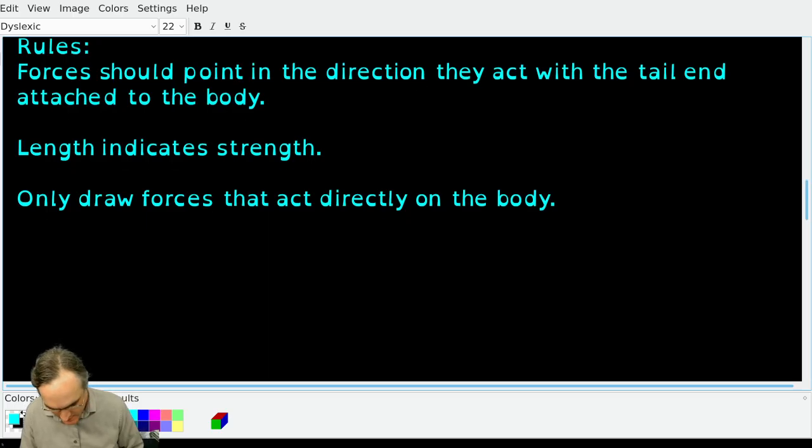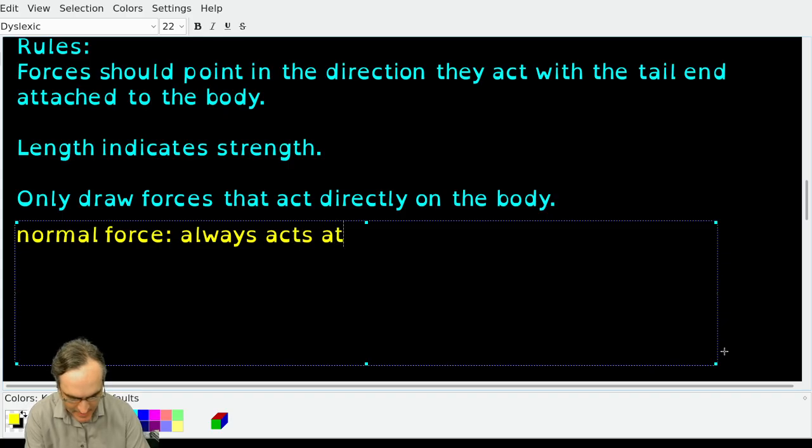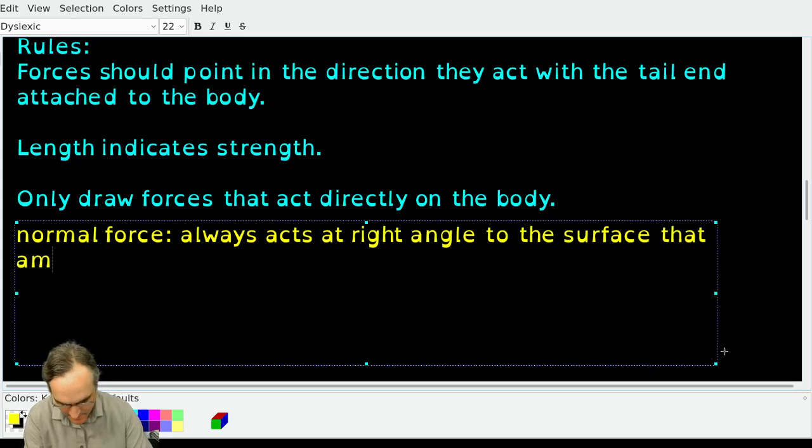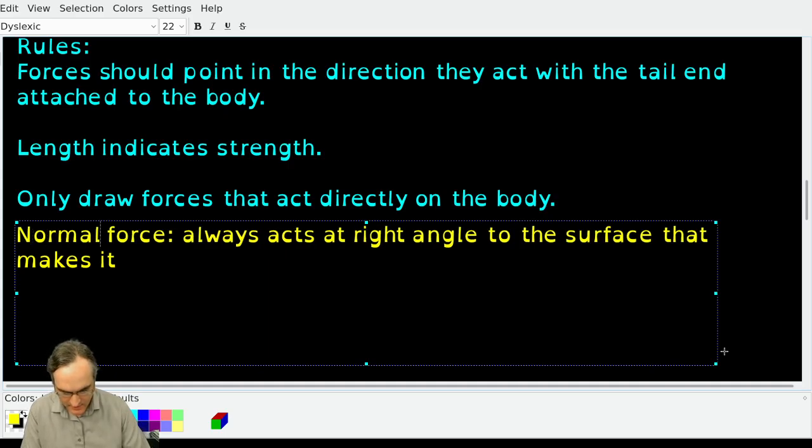These have to do with different types of forces. Normal force always acts at right angle to the surface that makes it. So it is always, always, always perpendicular.